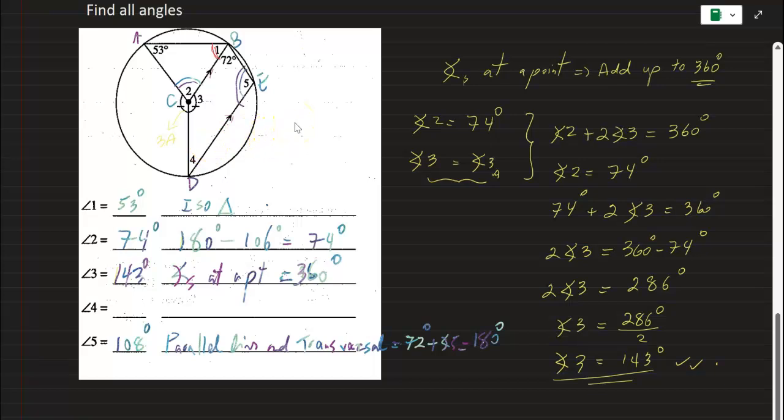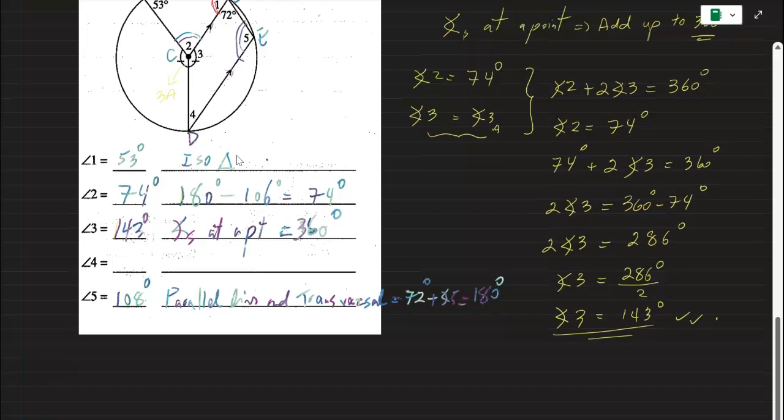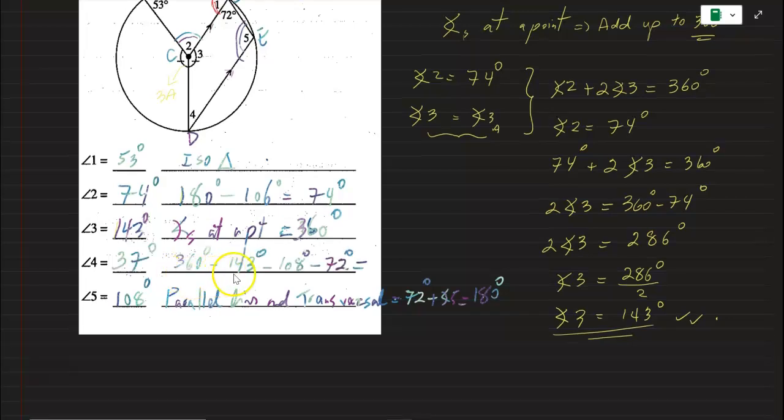We're going to add up all the other angles, subtract them from 360, and then we will get angle 4. So here is the math: 360 minus 143 for angle 3, minus 108 for angle 5, minus 72 degrees, and the final answer is 37 degrees.